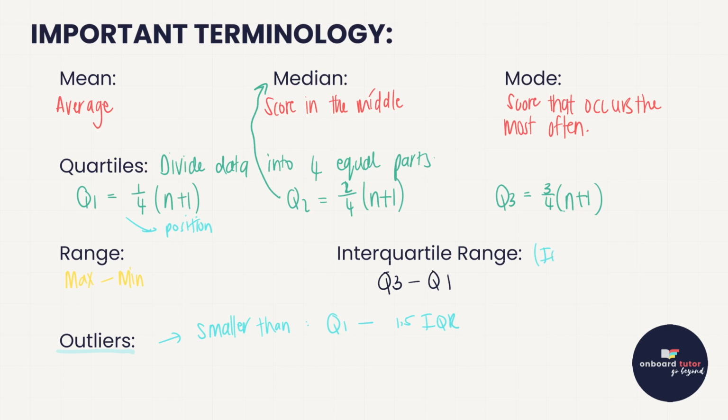That's this thing here. Or anything bigger than, and I bet you could guess this, quartile 3 plus 1.5 times the interquartile range. So we can never just, especially not at grade 11 level, say, that one looks different, therefore it's an outlier. We have to substantiate our answers with calculations, and these are the calculations we need to show.